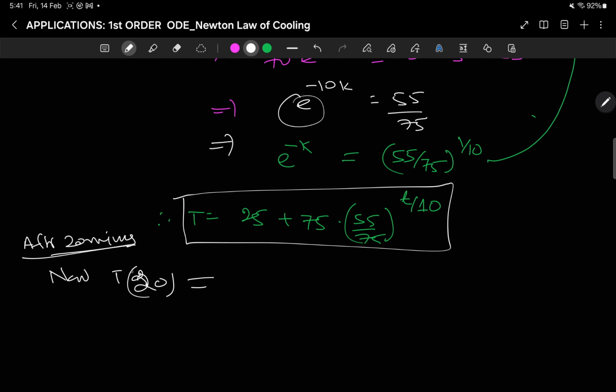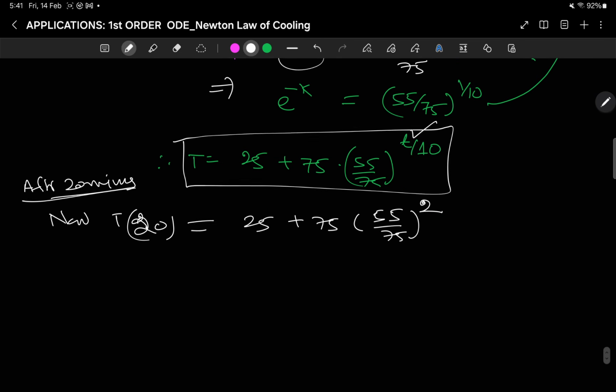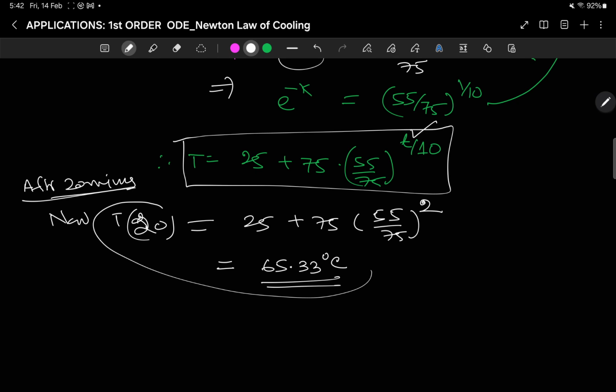We just substitute t is equal to 20: 25 plus 75 into (55 by 75) to the power 20 by 10, which means square. If you simplify it, it will give you 65.33 degrees centigrade. So this is your T of 20.